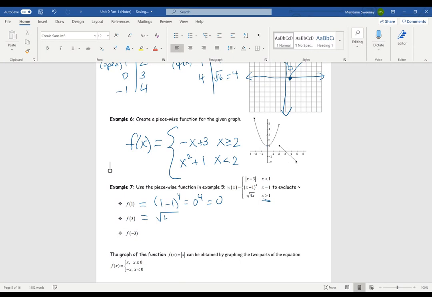So this would be square root of 4 times 3, square root of 12, or if you want to break it down, that's radical 4, radical 3, which is 2 radical 3, which you can kind of see from back here also. And negative 3 would be less than 1, so you'd be plugging in for that top equation, getting absolute value of negative 6, which is 6.